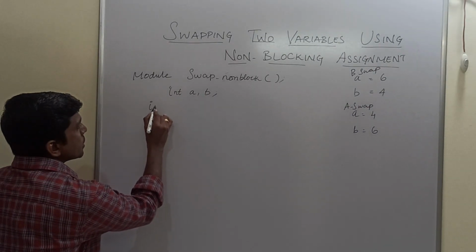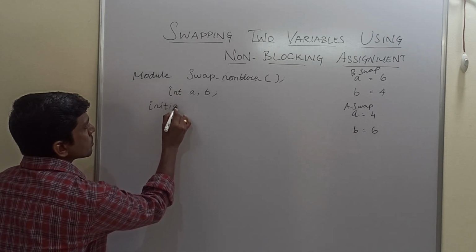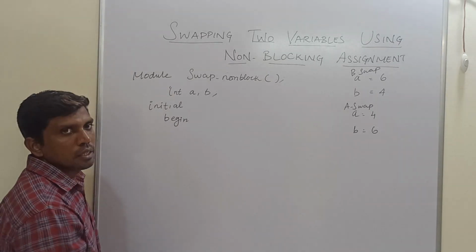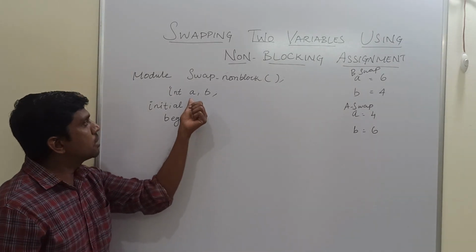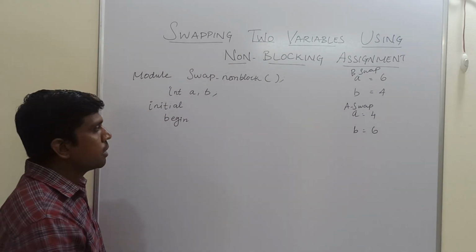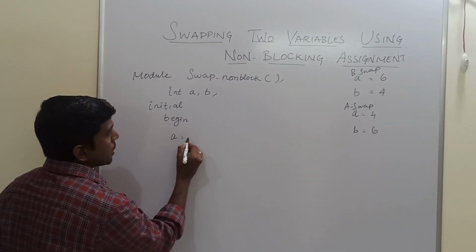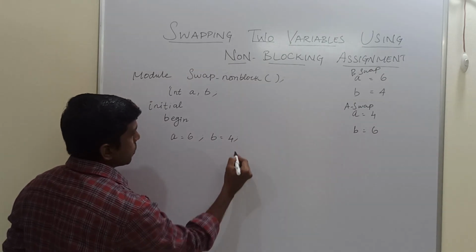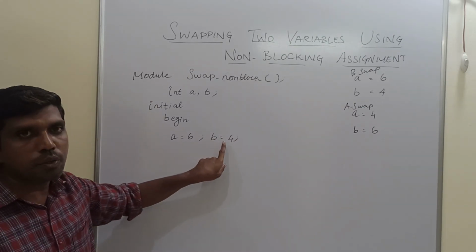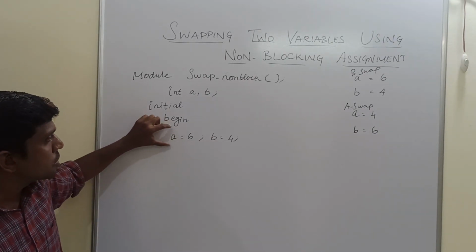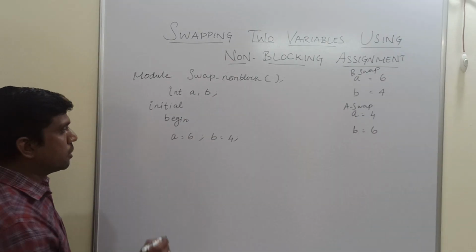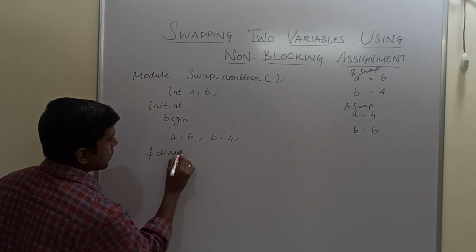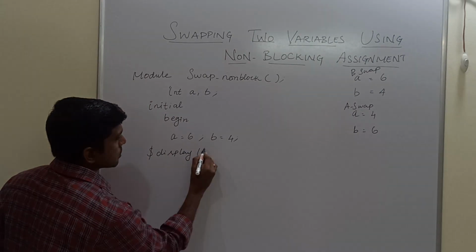Then initial begin. Now I assign the values: A equals 6, B equals 4. Now I display these two values using the command $display.